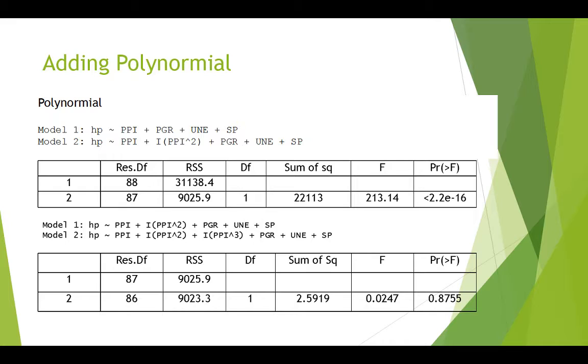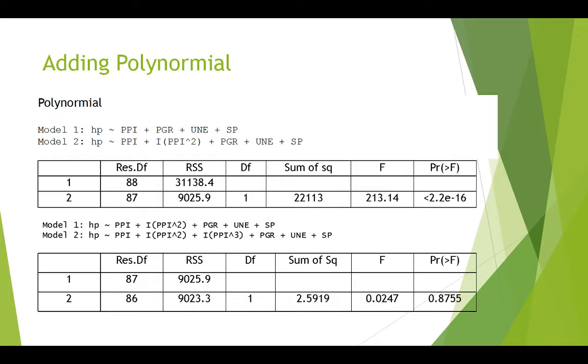After this, we find that we can combine the polynomial model with the linear regression model. The reason is that when we do simple regression between housing price and PPI, we find that their relationship fits the polynomial model better. So we add PPI squared to the model. And the ANOVA shows that it's a better model with PPI squared.